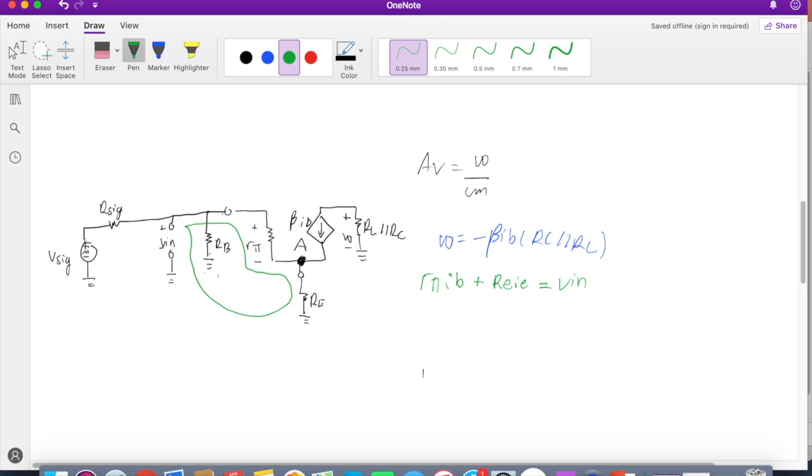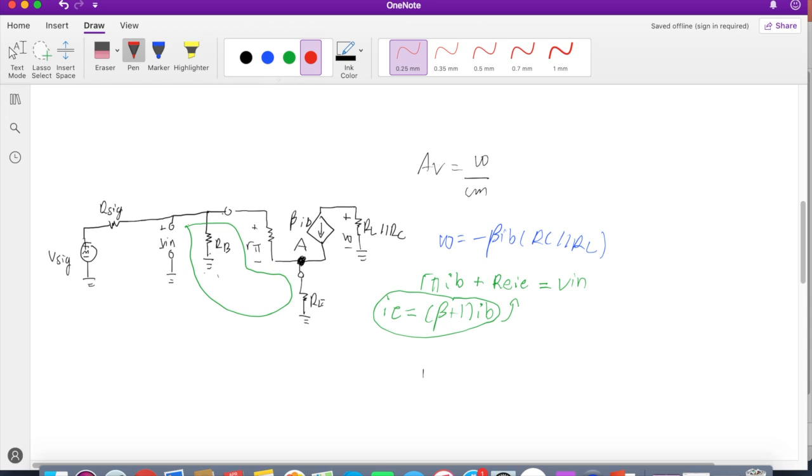So clearly what we can do here, since we know that IE is equal to beta plus 1 IB, we can simply just replace this IE with the function here to make everything in terms of IB so that the currents will cancel out.